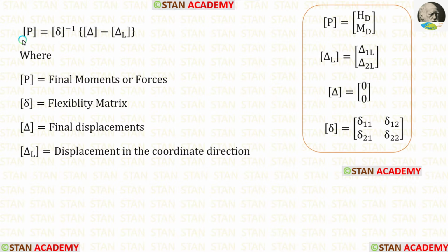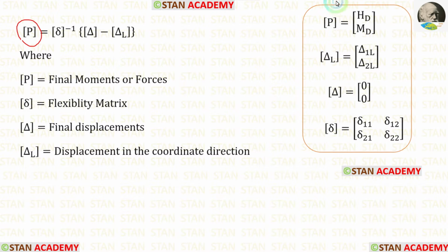We know the formula to find out the final reactions. P matrix is equal to delta matrix inverse into delta matrix minus delta L matrix. Delta matrix is the flexibility matrix. The size of the flexibility matrix will be 2 cross 2 because in this analysis there are two coordinates.